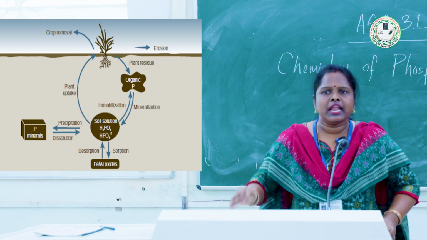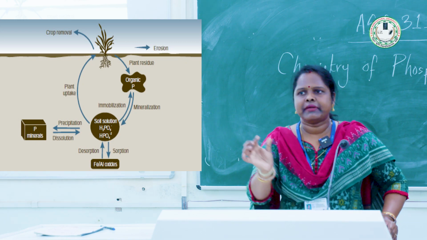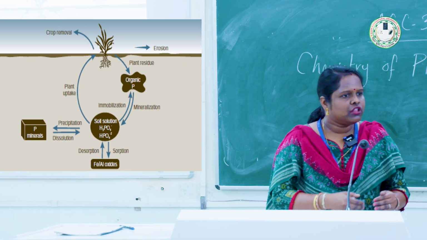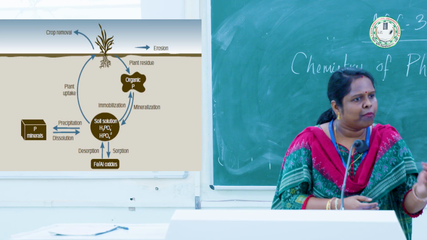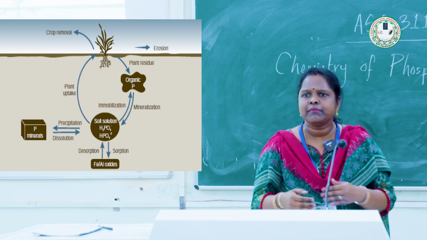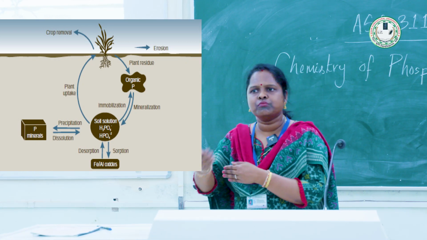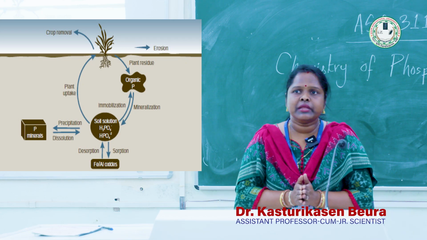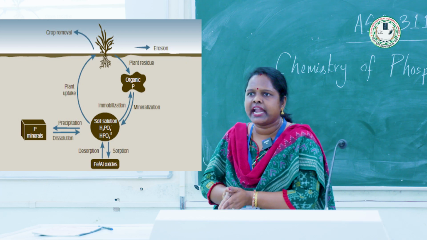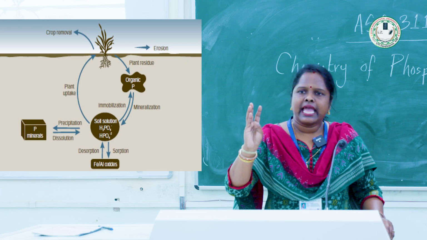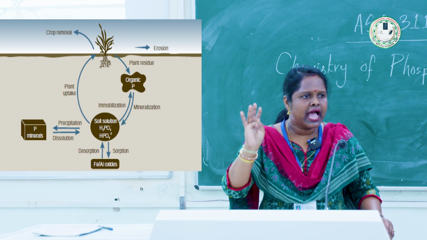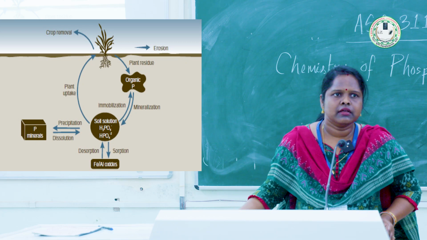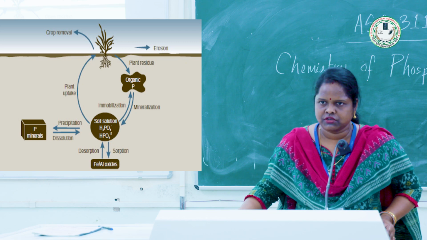Then one other soil characteristic is the presence of cations and anions. If the cations which make compounds with phosphates are more available, then fixation will be more. So it also depends on the type of cations present. If calcium, aluminium, iron are dominant in the soil system, then there will be phosphate fixation.